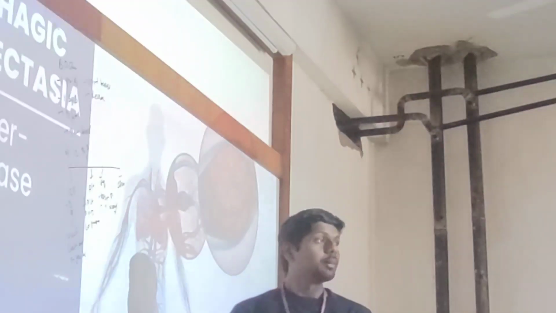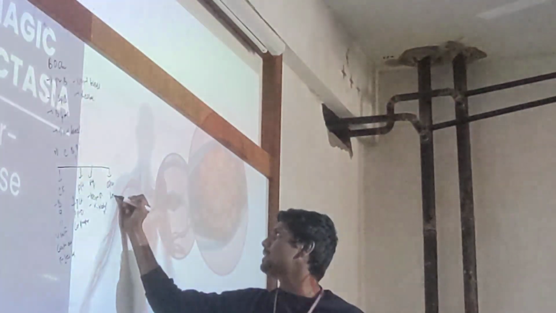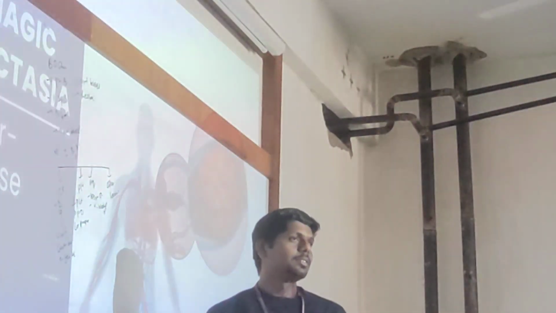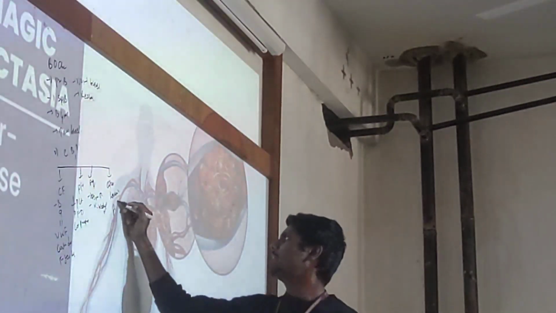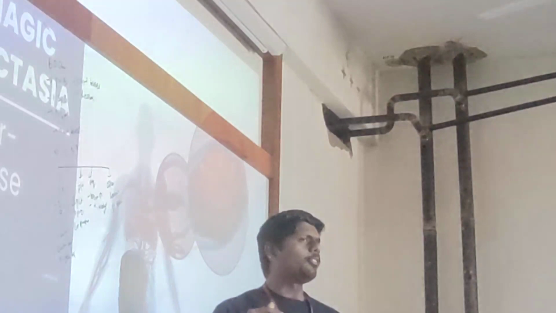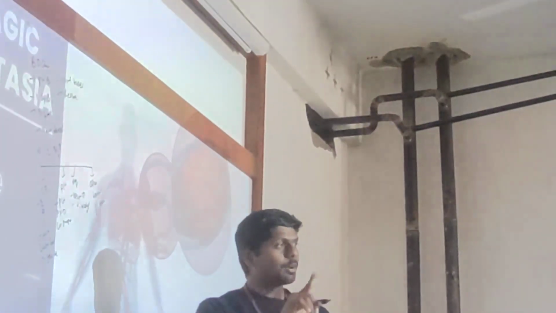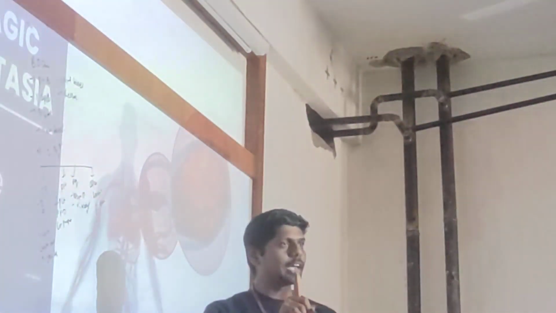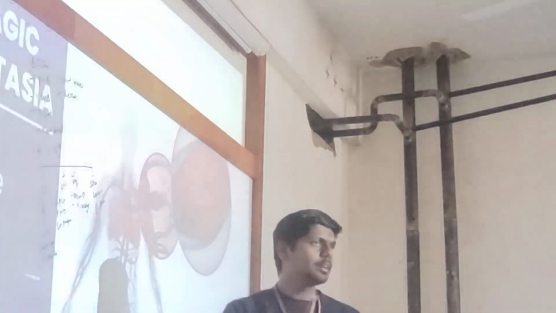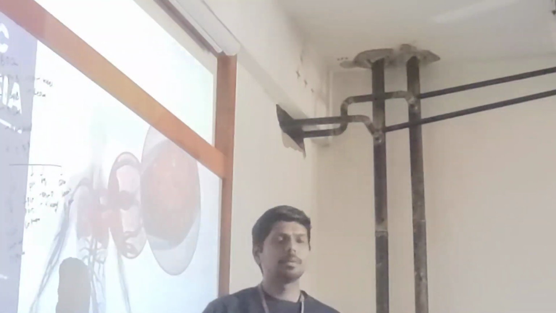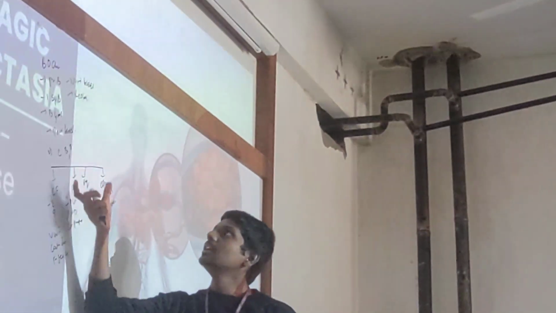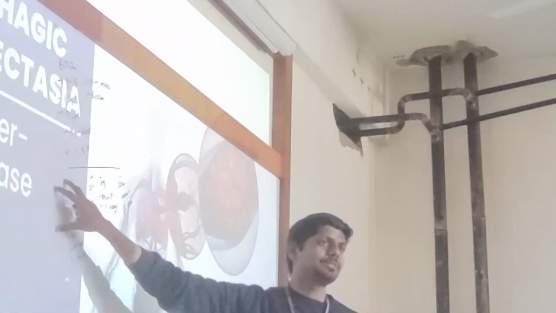Other conditions, maybe some cancers, leukemias, malignancies, aplastic anemia. What is aplastic anemia? Dysfunction of the bone marrow, but there won't be cancer. Bone marrow functional activity will be reduced gradually. That's it. So this is all about this question.